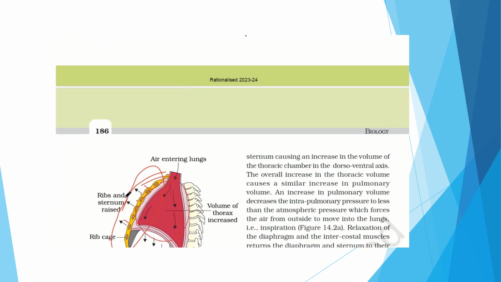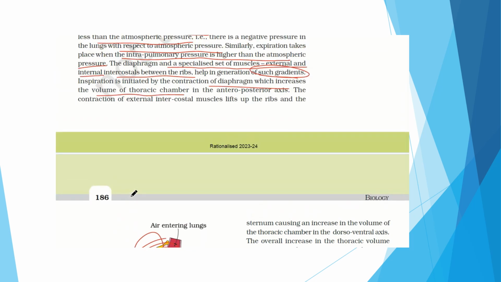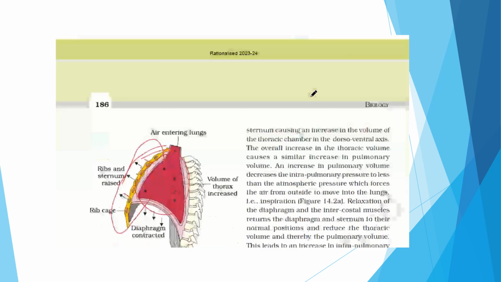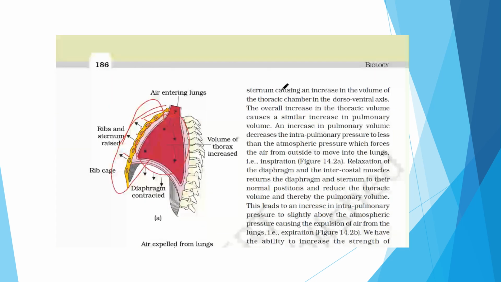This full area is the thoracic chamber, and its volume is increased in the anterior-posterior axis. The contraction of the external intercostal muscles lifts up the ribs and the sternum, causing an increase in the volume of the thoracic chamber in the dorsoventral axis. So this is what is happening here.